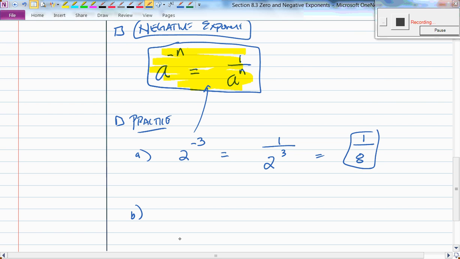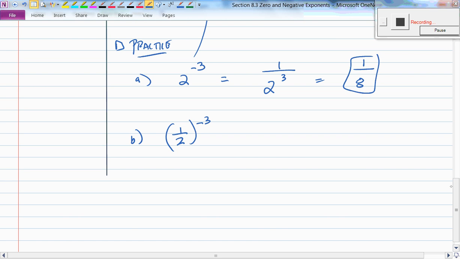Let's try a different one. What if I did 1/2 to the negative 3? Let's do 1/2 to the negative 3. What's the base in this problem? Yes, the base is a half. This is the base.